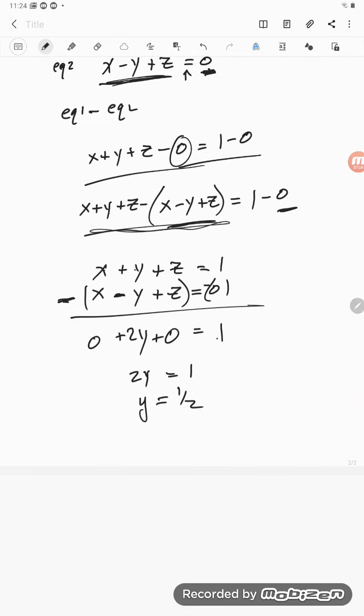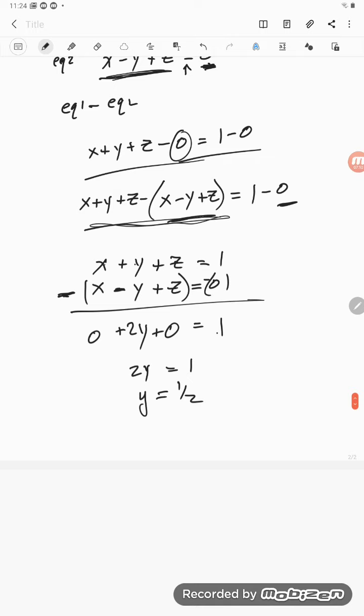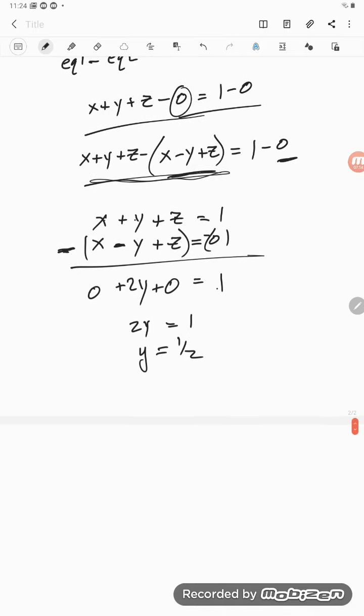And so that means that in this case, y needs to be 1/2. Okay, we've got that much of the solution.